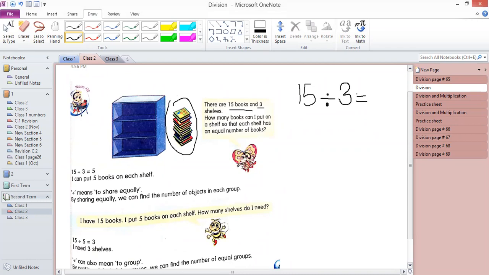So for 15 divided by 3 equals what? First you should know it. For that, what will you do, guys? You will check the table of 3. So 3 multiplied by what will give me 15?